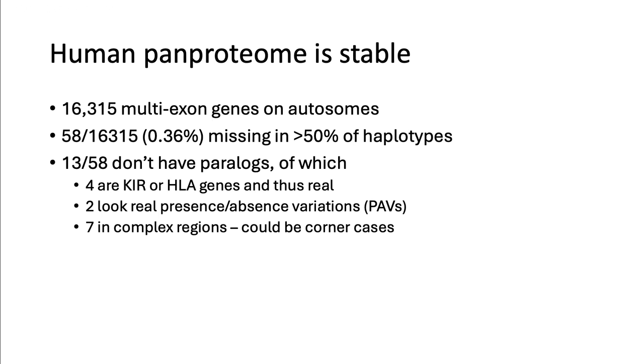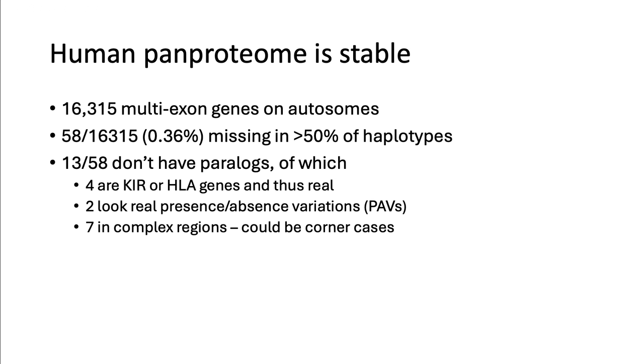And among these genes, actually less than 0.5% are missing, that is, have presence or absence variations in the human population. And only 13 of the 53 don't have paralogs, of which 4 are these KIR or HLA genes.